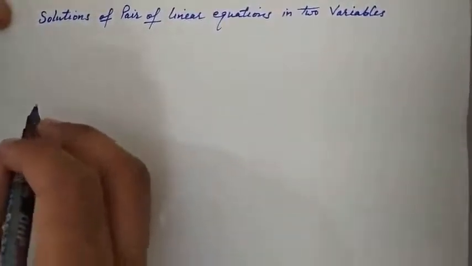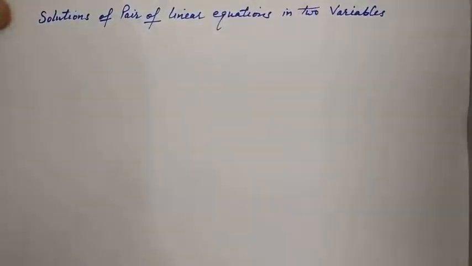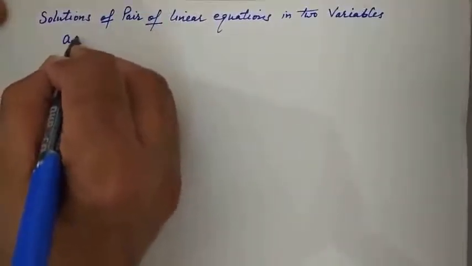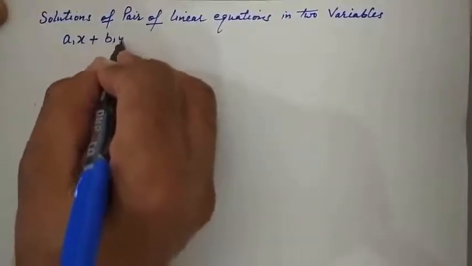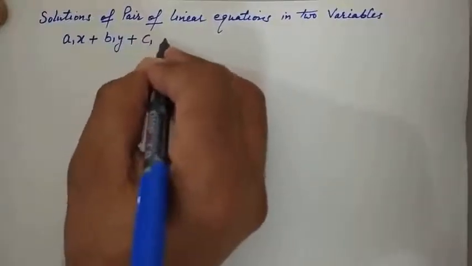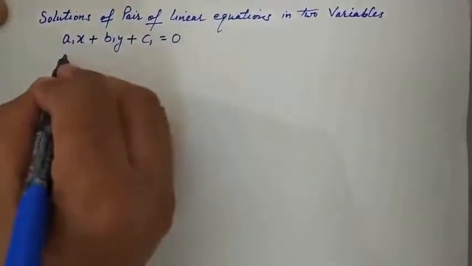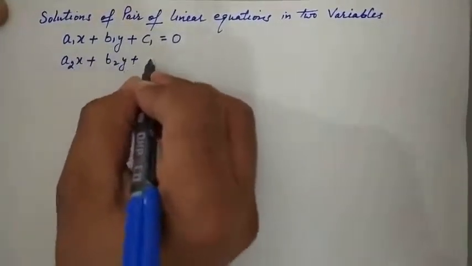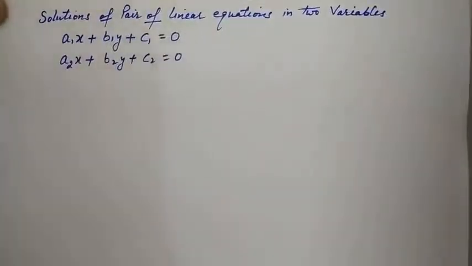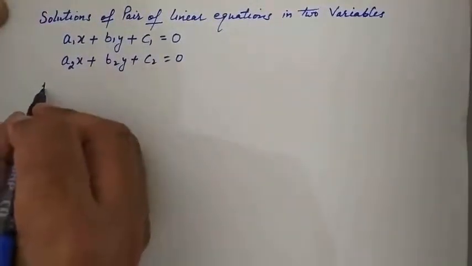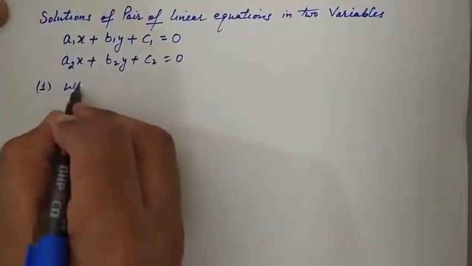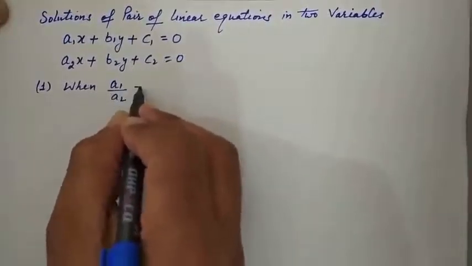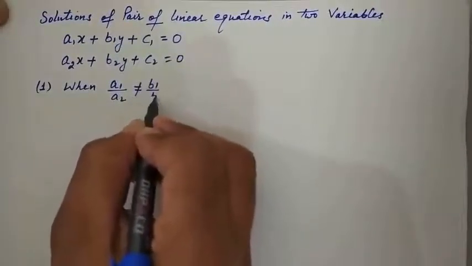First of all, the general form of a pair of linear equations in two variables is a1x plus b1y plus c1 is equal to 0, and a2x plus b2y plus c2 is equal to 0. So the first condition is when a1 over a2 does not equal b1 over b2.